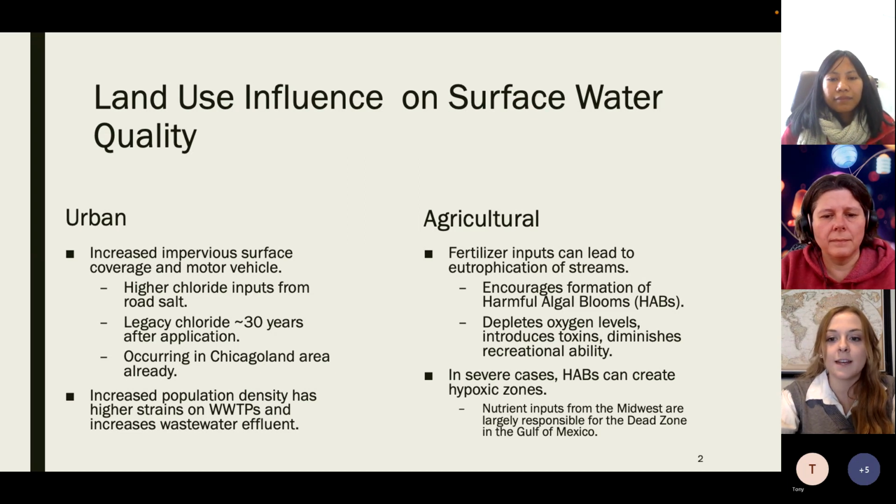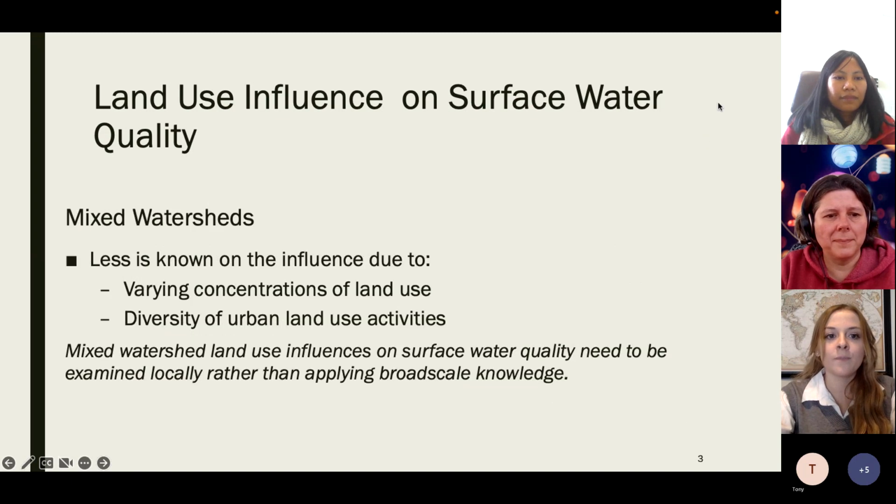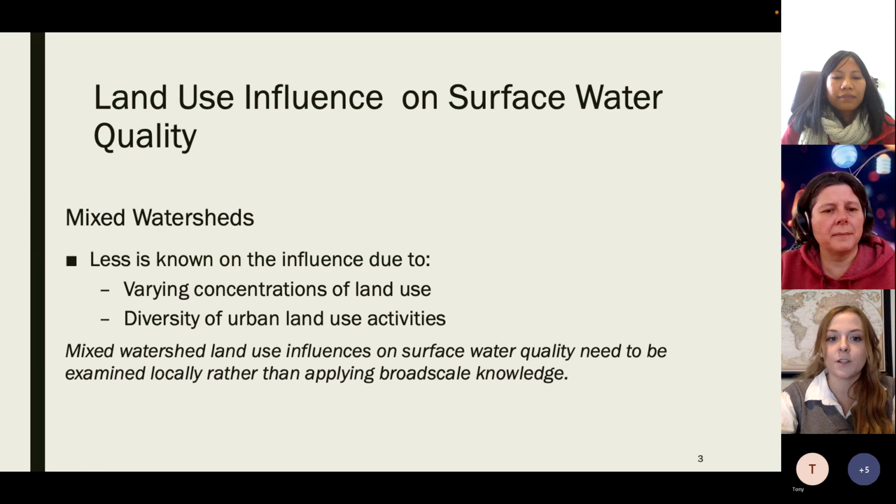One of the largest dead zones is in the Gulf of Mexico, and studies have shown that nutrient inputs from the Midwest are largely responsible for that dead zone, even though we're thousands of miles away. When it comes to mixed watersheds, there is less known on the influence, and this is because mixed watersheds have varying concentrations of land use, as well as a diverse amount of activities that occur within the watershed.